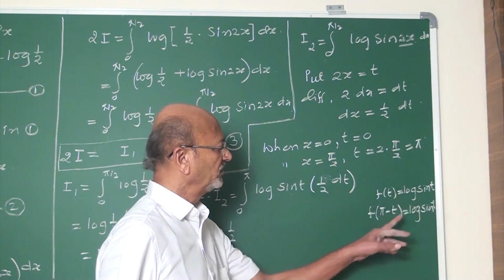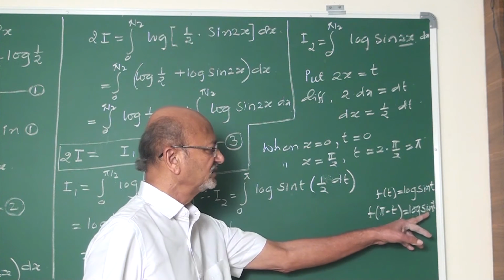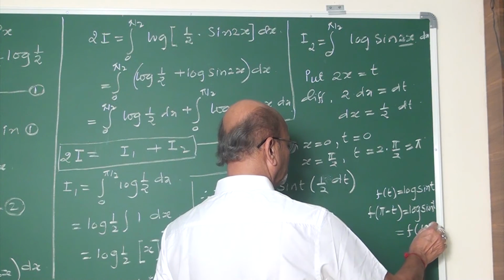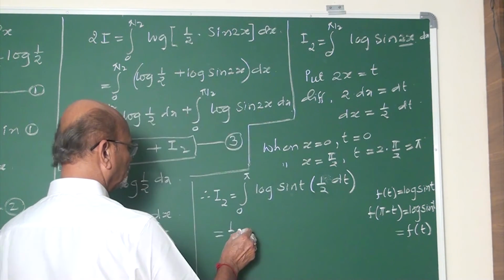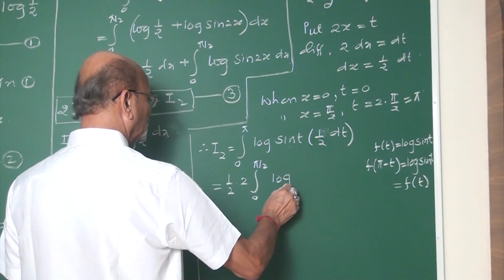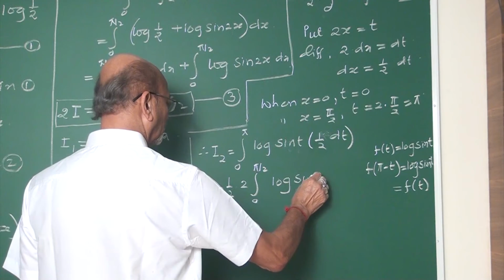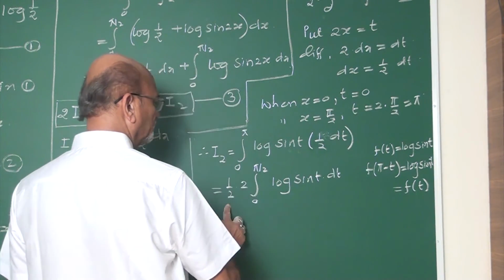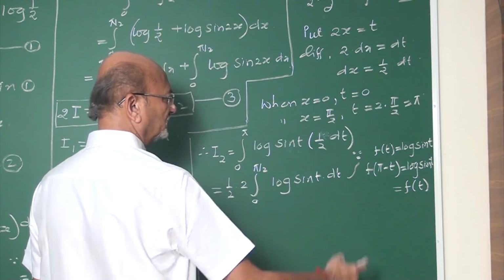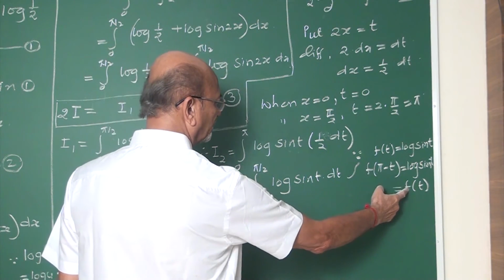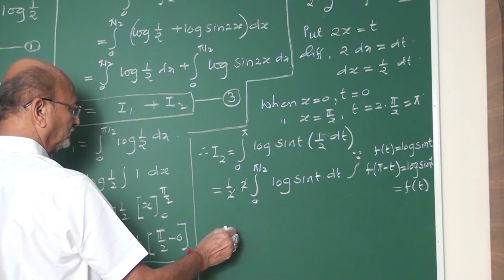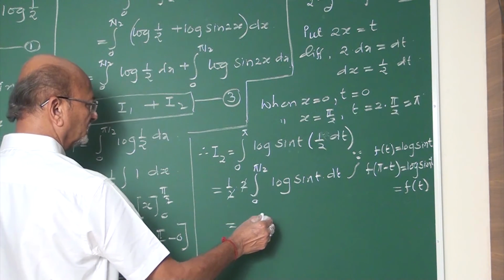Then this is f of t. When f of pi minus t is f of t, you write this as 2 times integral 0 to pi by 2 log sin t dt. That 1 by 2 is taken outside.